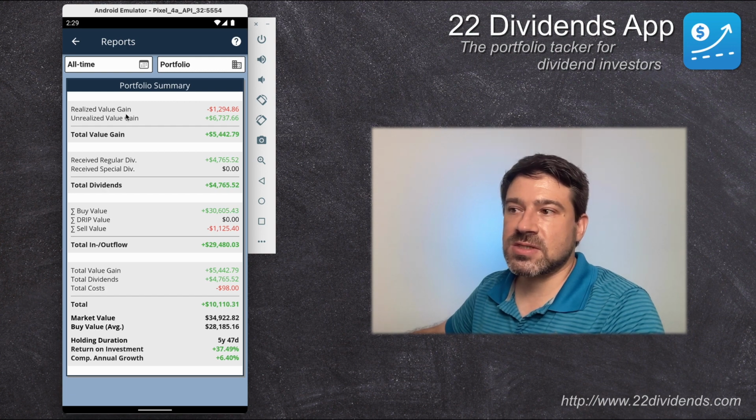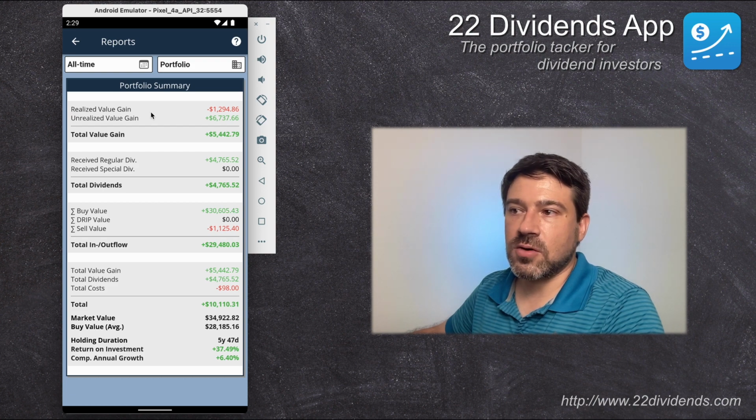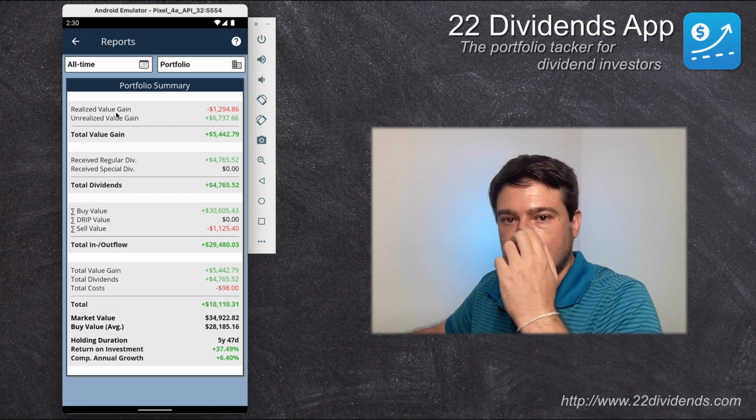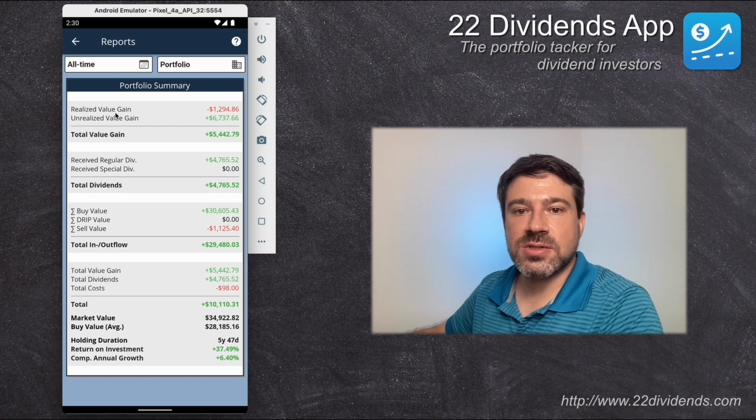The first section is the value gain section. Here you can see the calculated value for the realized value gain. The realized value gain is calculated from your average share price for a certain stock.